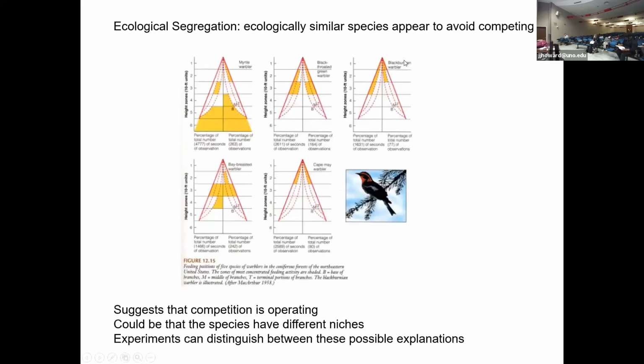If we look at the Blackburnian warbler, notice that it's sharing these upper branches, but the top of the tree is all to itself. It does not share that.